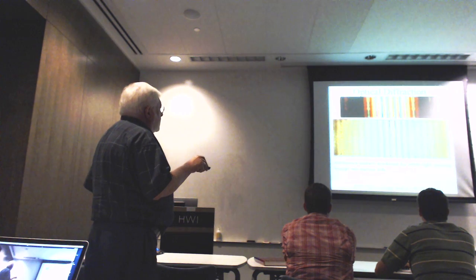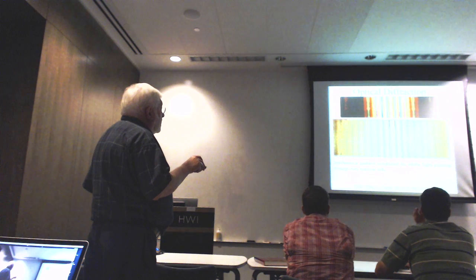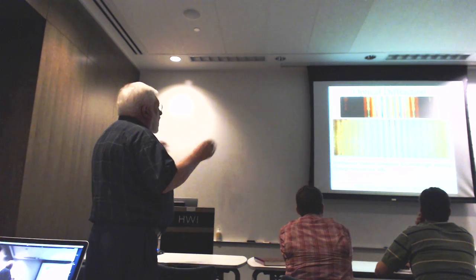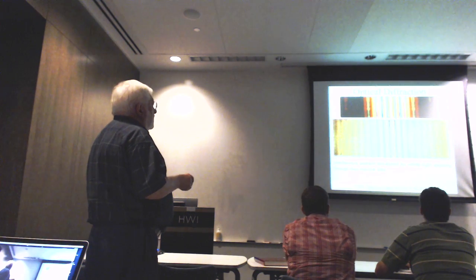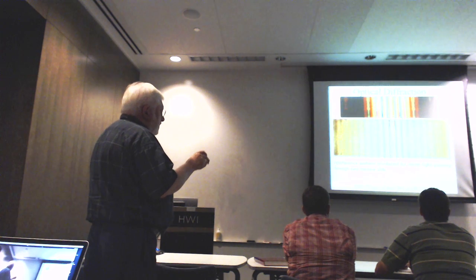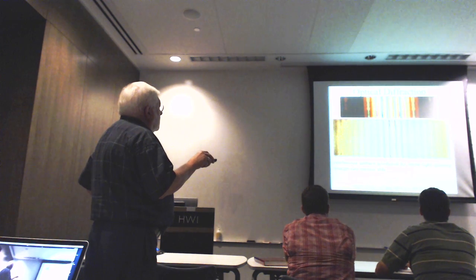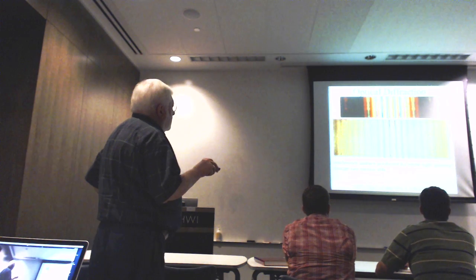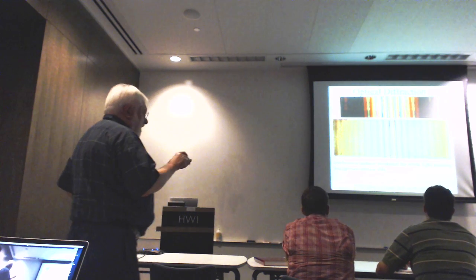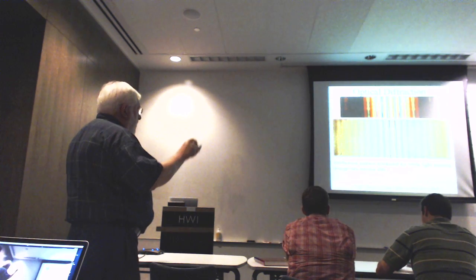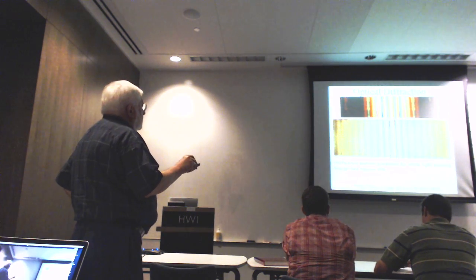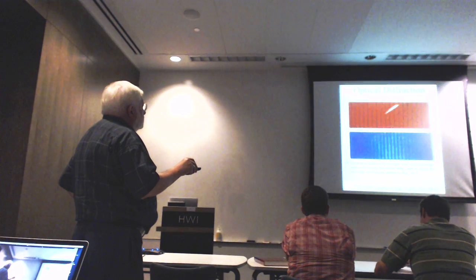And what you can see is that the longer wavelengths, the red, are scattered through wider angles than the short wavelengths, the blue. So the blue lines are concentrated near the center of the exposure, but the red lines, it's a rainbow effect, are scattered to wider angles.